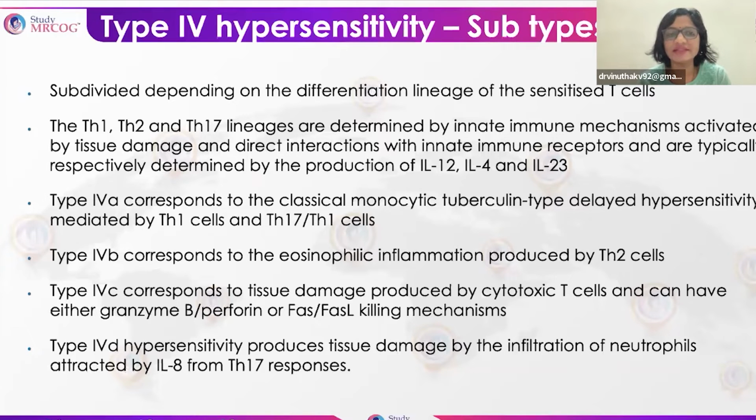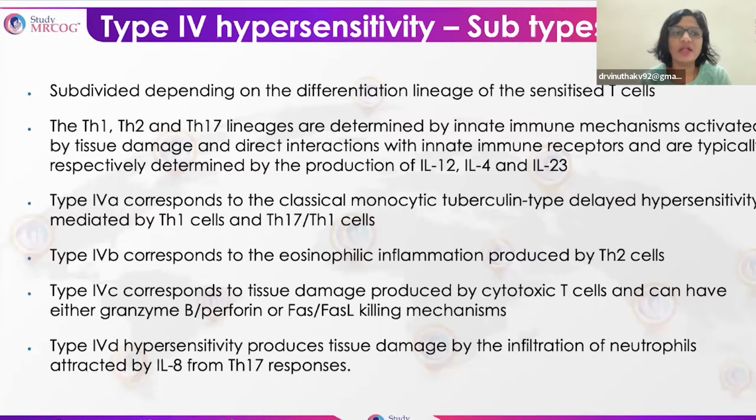One, the body tries to figure out what this is, and second, the patient will be on a lot of immunomodulators and immunosuppressants. Later, after a few days, the body recognizes that this is not part of my body, this has come from outside, or this is not something which I am familiar with. That is the time when type 4 hypersensitivity starts producing cytotoxic substances, leading to a hypersensitivity reaction.